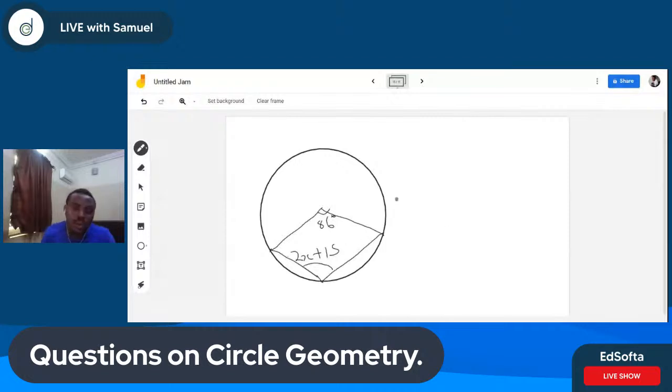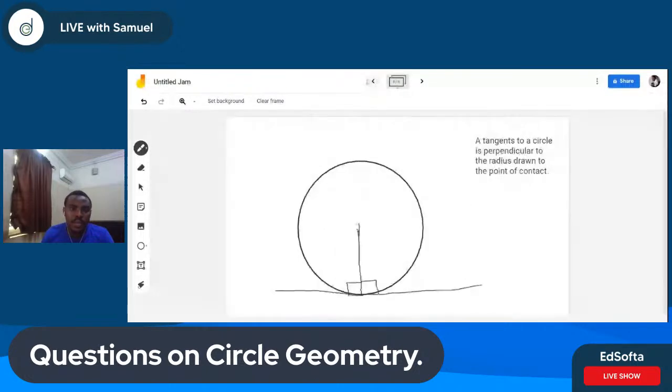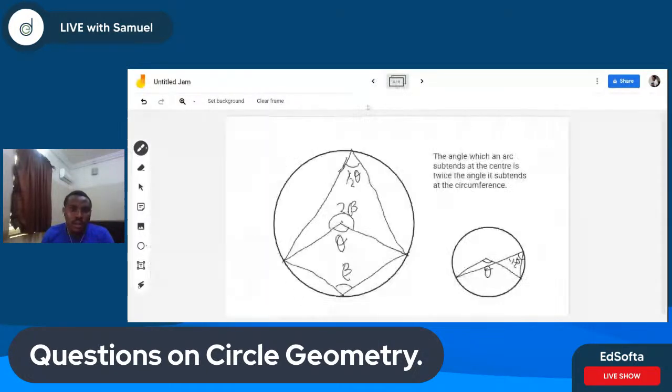This looks exactly like something that we have seen before. Here, we talked about this theorem: the angle which an arc subtends at the center is twice the angle it subtends at the circumference.